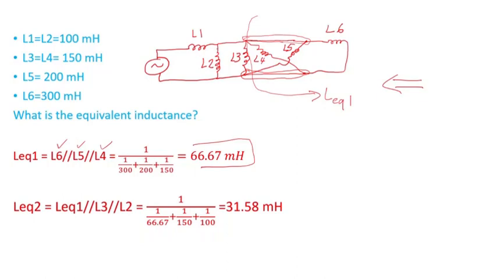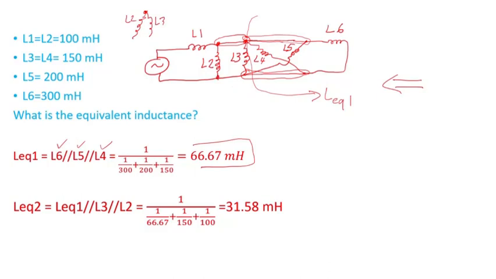And also with L2, because this point here and this point are the same potential, because there is nothing connected here. So this is really just one point basically, as if you have something like this, basically one point, and you have something like this where you have L2, L3.